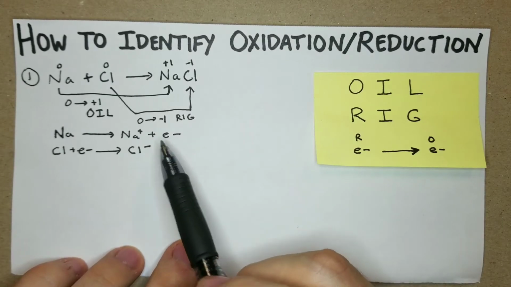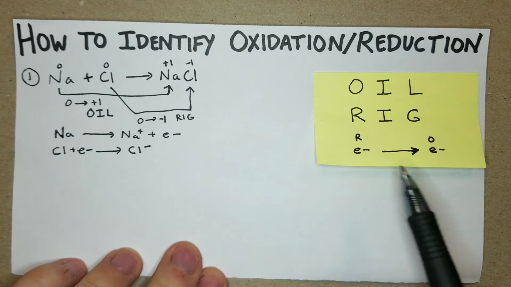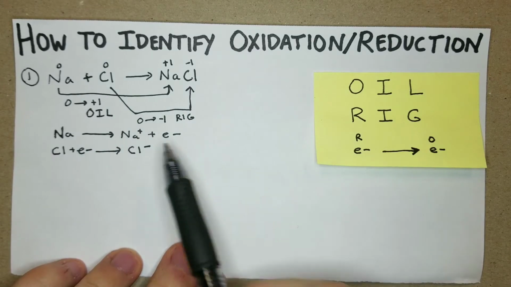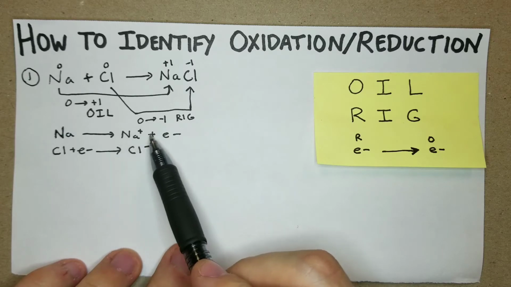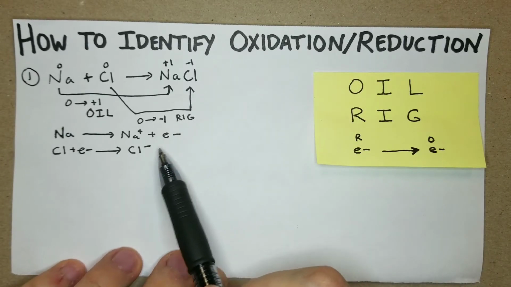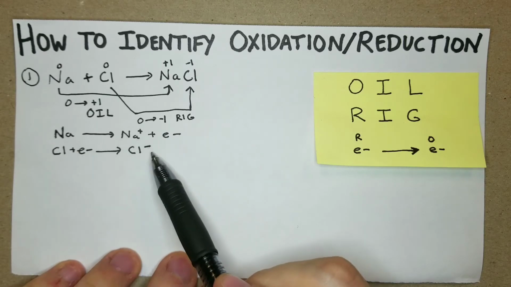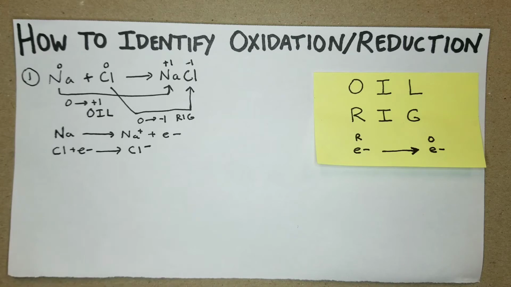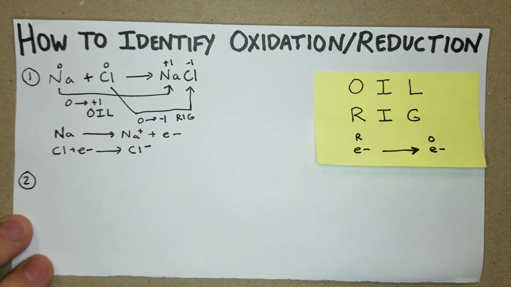If I go through and I think for some reason Na is reduced instead of oxidized, I'll check here, and I know that based on where the electron ends up, it's on the end. It leaves, it's shooting out of the element in a way. If it is on the left, then we know that's going to get added into that element. So that's a good way to think about that.